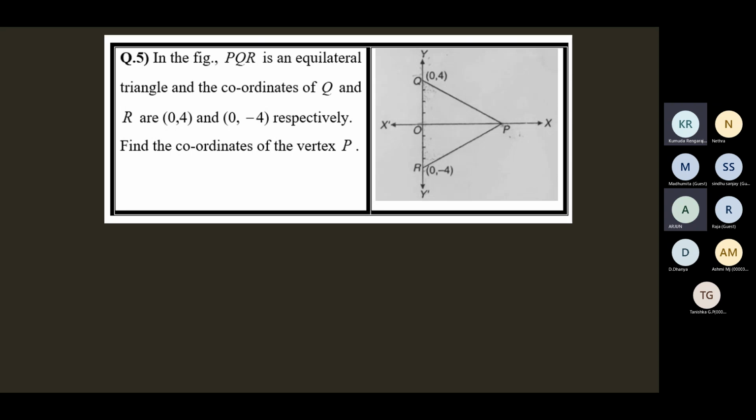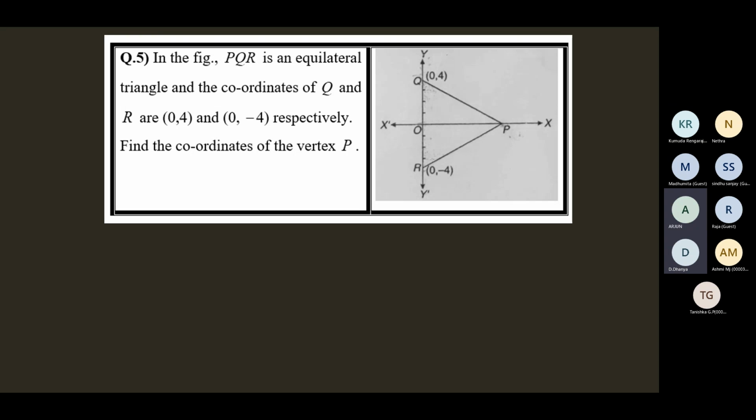How did you find that? By using Pythagoras theorem, ma'am. First, they have given that it's an equilateral triangle. So QR is 2 centimeter and 2 centimeter, totally 4 centimeter, ma'am.